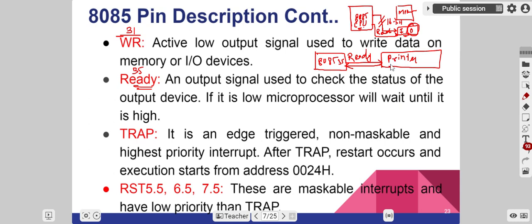On the other hand, if the printer is currently printing something, it would tell the 8085 microprocessor that it has to wait for some time until the printer is ready to print. So this READY signal is used to check the status of any output device connected to this microprocessor.